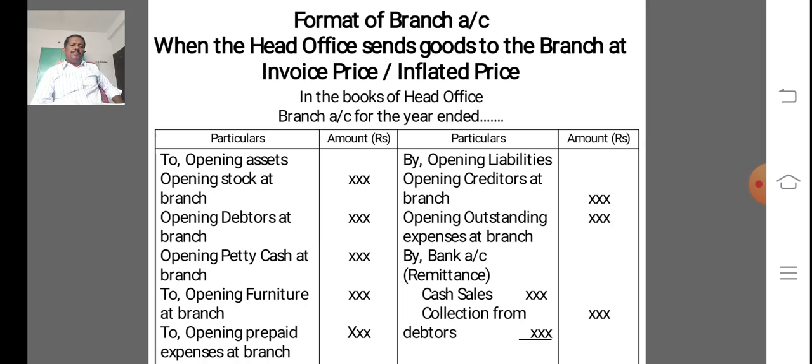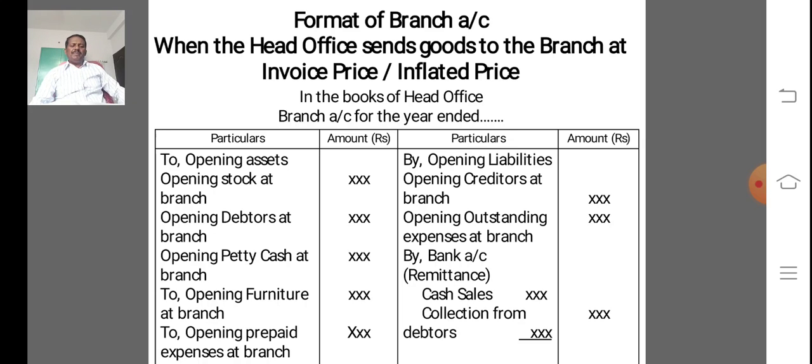So load would be normally a percentage of cost, since all the above items are at the loaded price. The load as a percentage of cost must be converted into load as a percentage of invoice price.